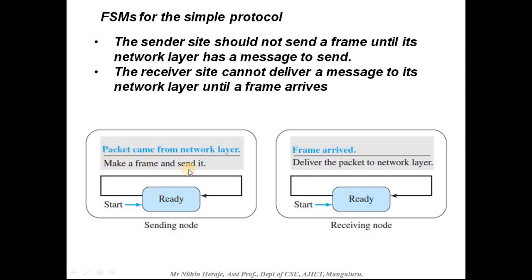So what event should occur is the packet should come from the network layer. So if the packet comes from the network layer, the action to be taken is make a frame and send it. Okay, so the action performed is make a frame and send it.